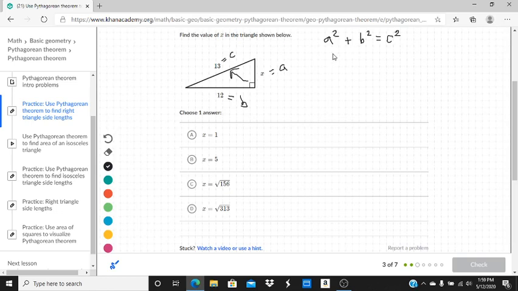So we're going to say x squared plus 12 squared equals 13 squared.